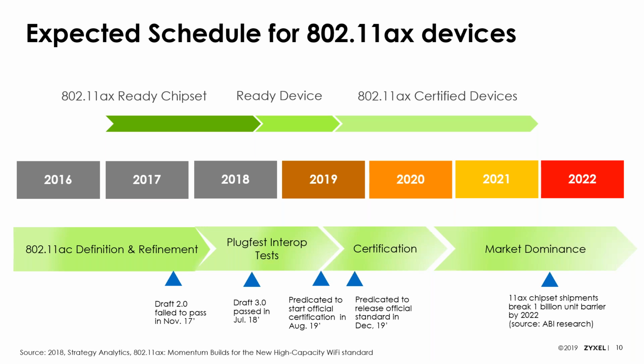And this is a very important factor since obviously if you are installing AX APs to get the full benefit out of them, you would need an AX network card on your devices. And by only 3 years, they estimate that there will be 1 billion AX devices out there. So AX will become popular in a very short period of time. So now it is the perfect time to set up the infrastructure ready for those AX clients.